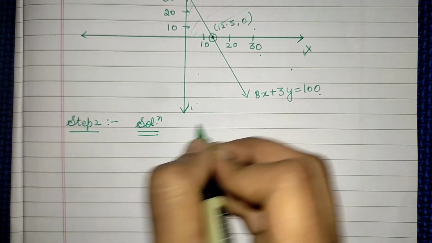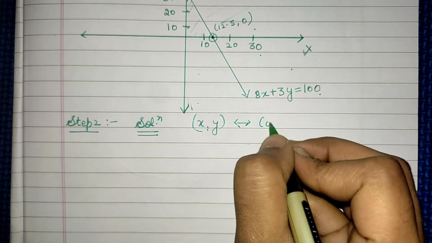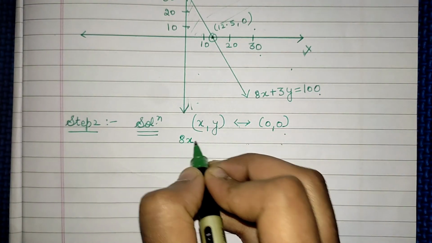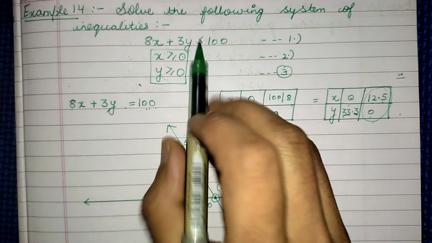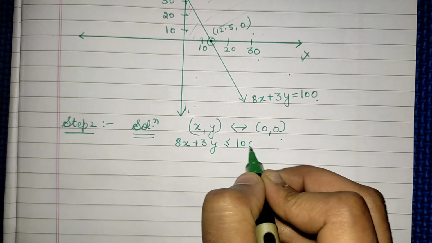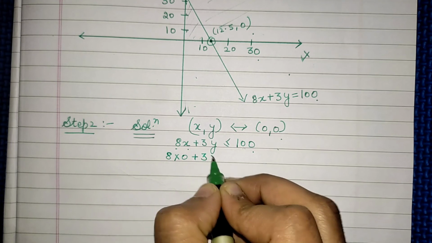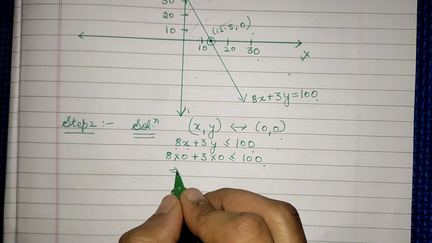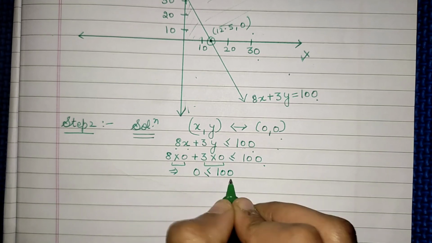Put both x and y equal to 0. My first equation is 8x plus 3y less than or equal to 100. So if I put 0 plus 3 into 0, it should be less than or equal to 100. So my answer will be 0 is less than or equal to 100.